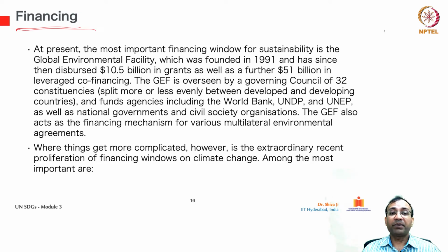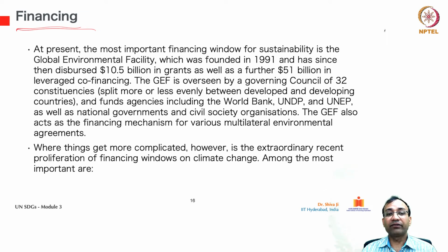Let's see. At present, the most important financing window for sustainability is the Global Environment Facility, which was founded in 1991 and has since then disbursed $10.5 billion in grants as well as a further $51 billion in leveraged co-financing.